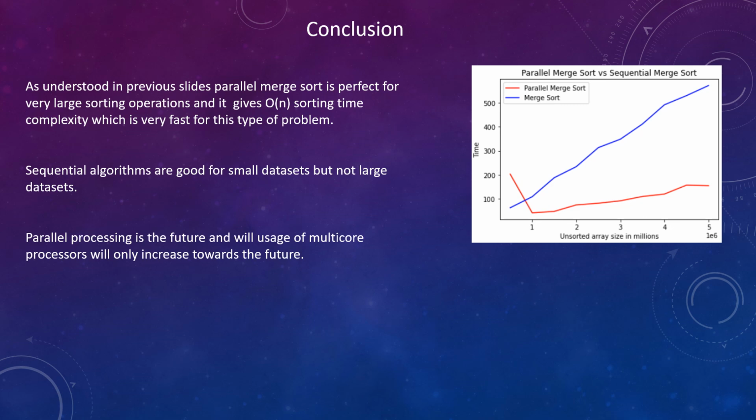It basically means that we will be using multiple cores far more in the future than we are currently, and we will be using them in a very efficient way to get the job done as fast as possible, as these technologies, multiple cores, are the future.